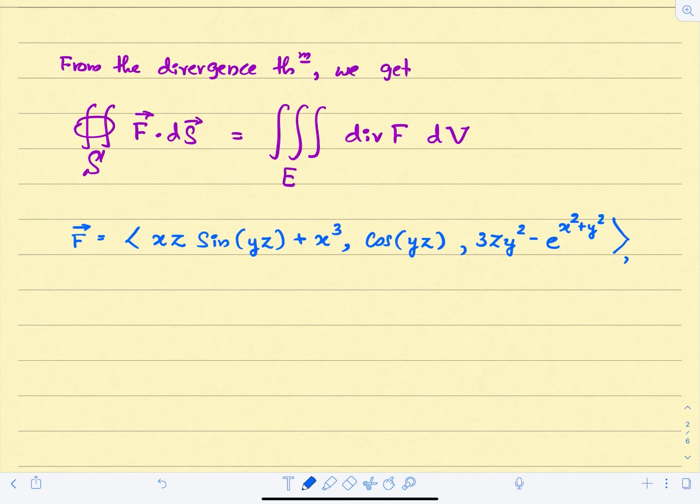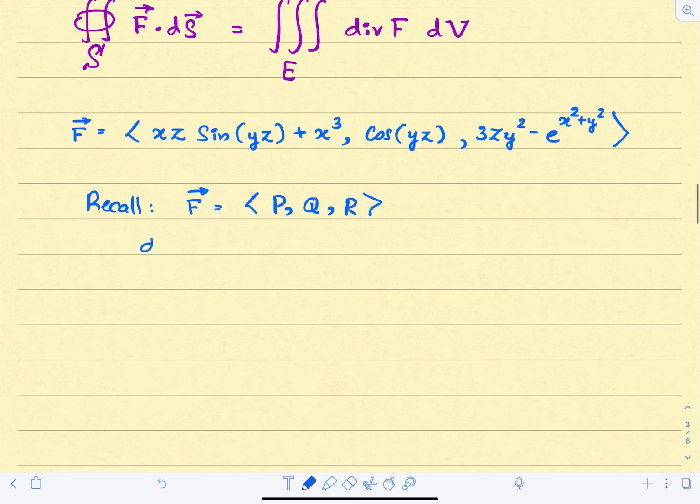So now recall, if you have a vector field with three components P, Q, R, then the divergence of F is a scalar number.